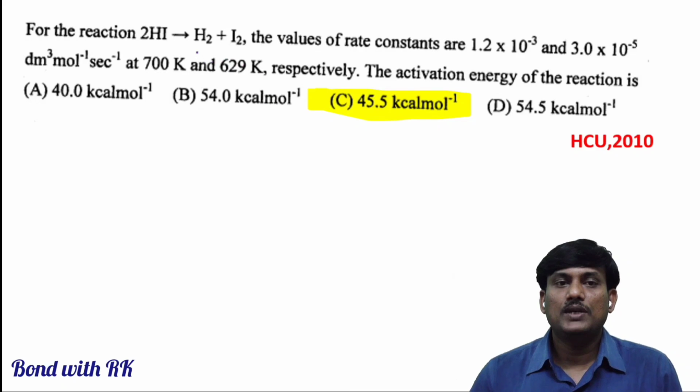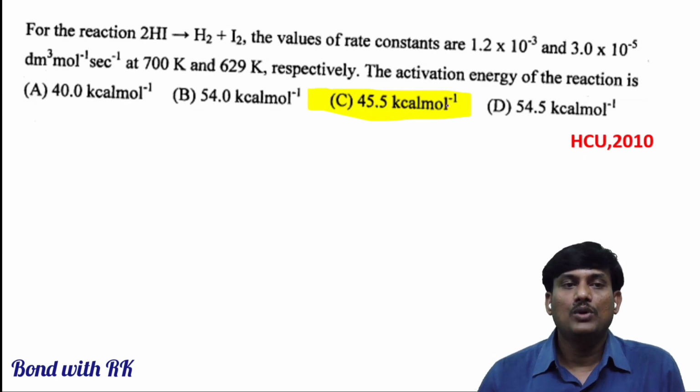For the reaction 2HI gives H2 plus I2, the values of the rate constants are given at 700 Kelvin and 629 Kelvin respectively. The activation energy of the reaction should be calculated in kilocalorie mole inverse.